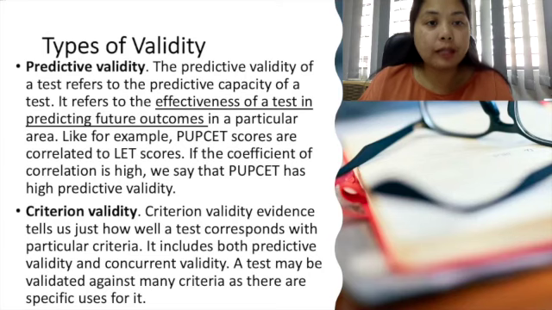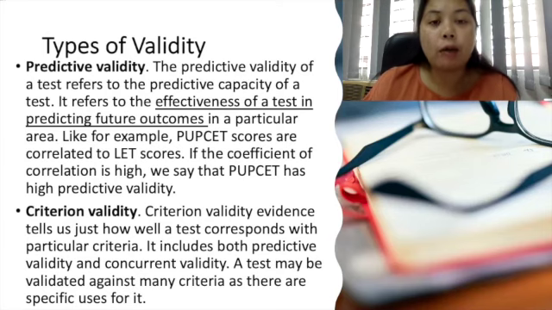We have here predictive validity. So the predictive validity of a test refers to the predictive capacity of a test. So it refers to the effectiveness of a test in predicting future outcomes. Like for example, PUPSET scores are correlated to LET scores, meaning to say, PUPSET scores are used to predict LET scores of an individual.